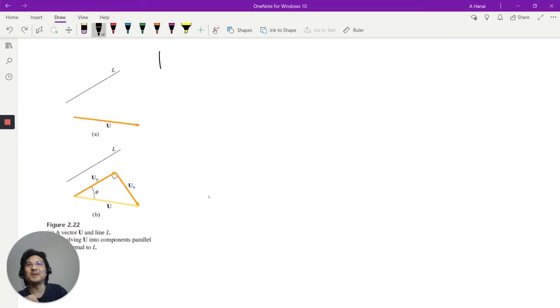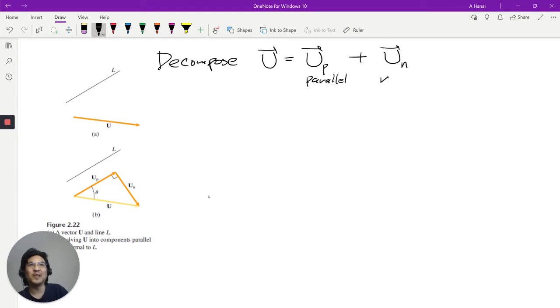Because you can decompose some vector, let's say u, into two components: one component parallel to a line plus the other component normal to the line.